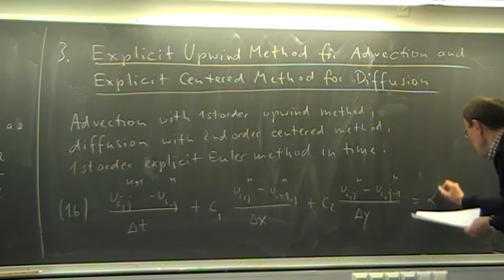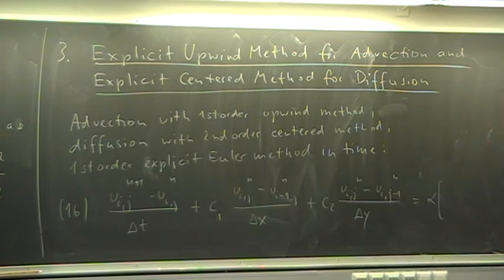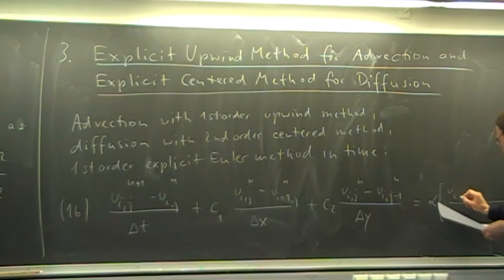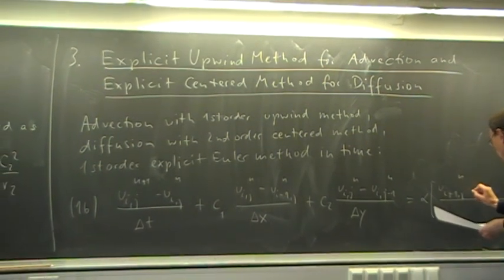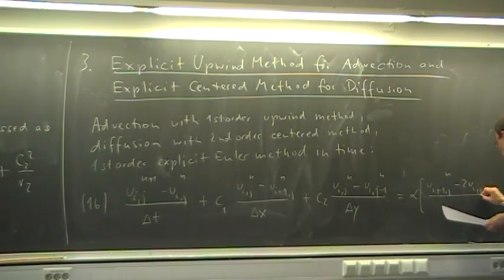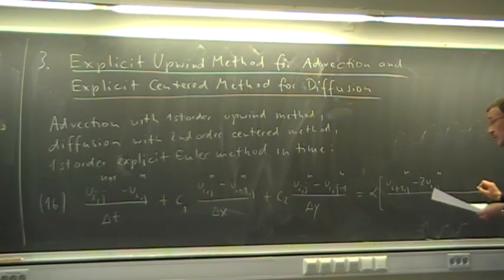And the right-hand side is the same as we had for the forward time-centered space scheme, the usual second derivative approximation of the x and y derivatives. Everything at the old time level. Of course, we are using the explicit Euler method.